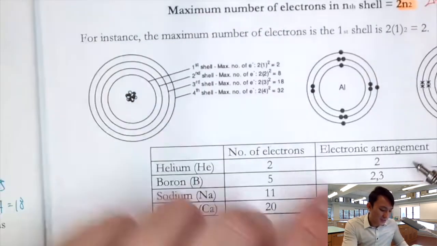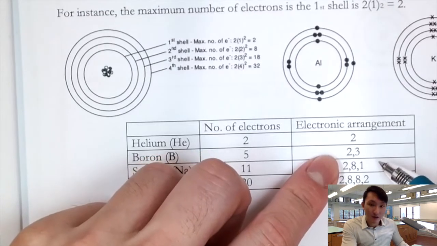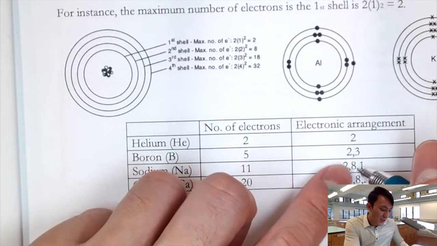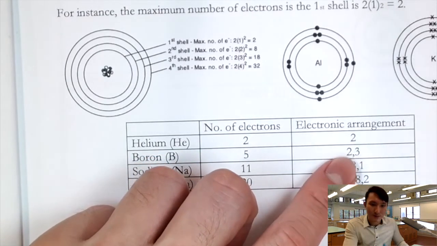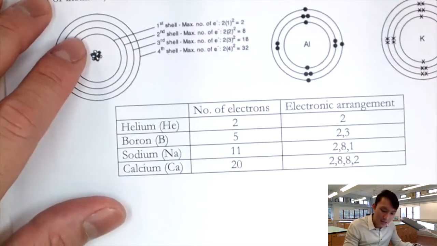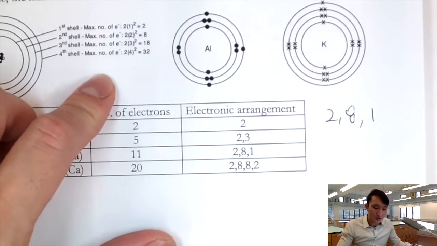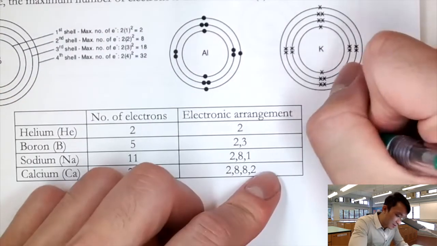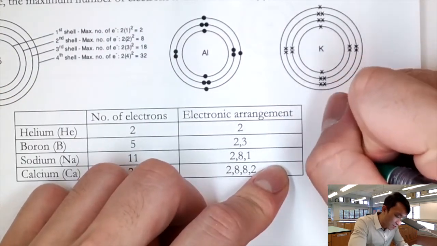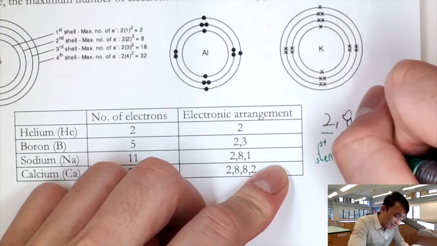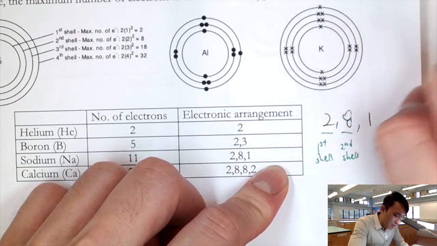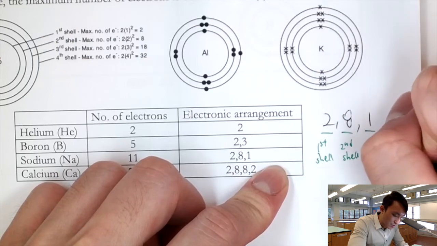Now down here, this is the way we represent the electronic arrangement. So you see, like 2, 8, 1. What does it mean by that? For example, the 2, 8, 1 here: here is the first shell, here the second shell, here the third shell, so on and so forth.